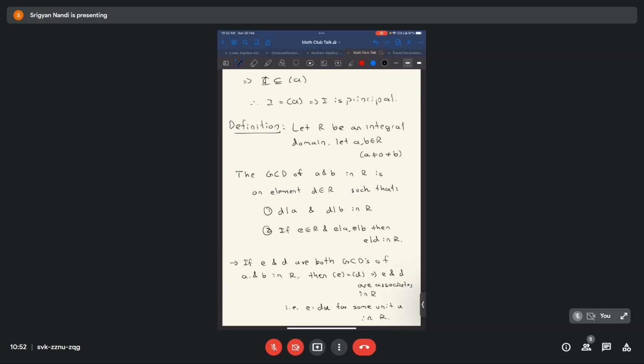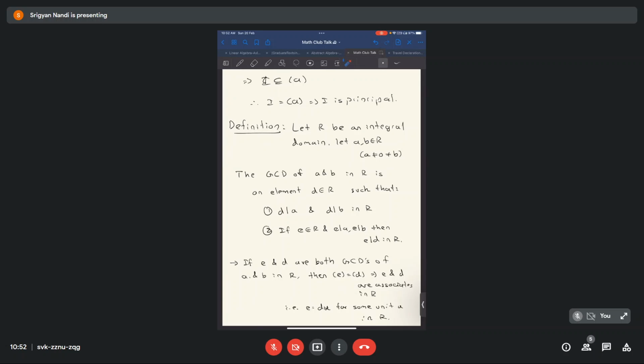Now, we define the notion of the greatest common divisor, just like we did for the rings before. So let R be an integral domain.